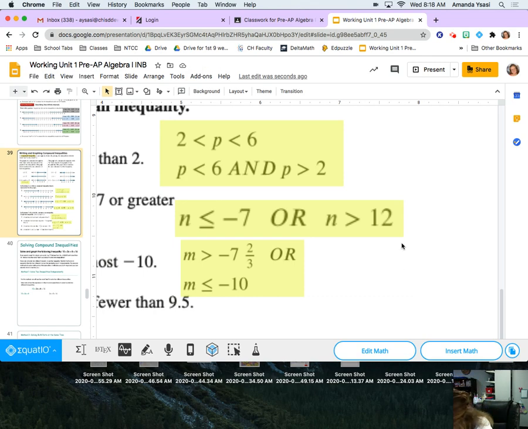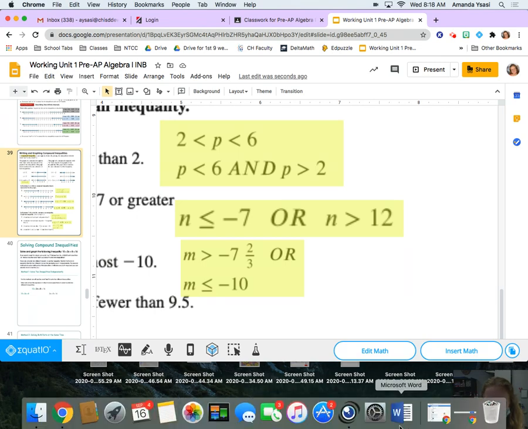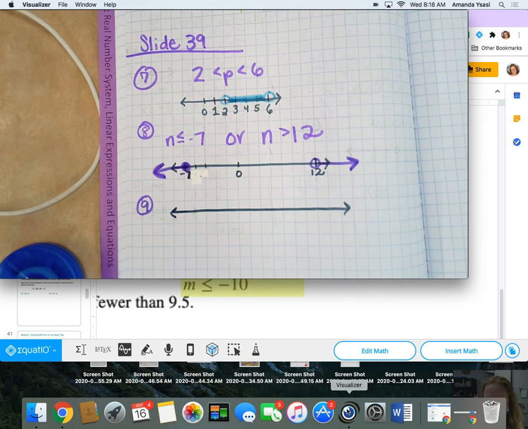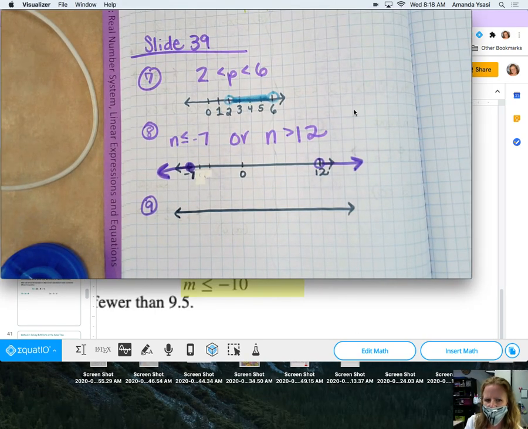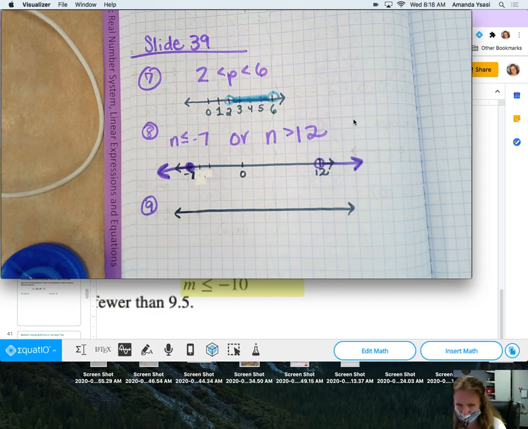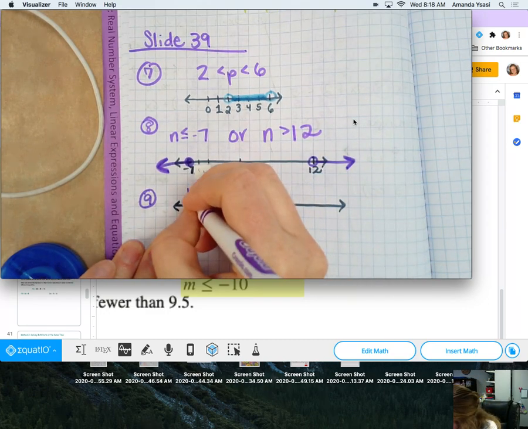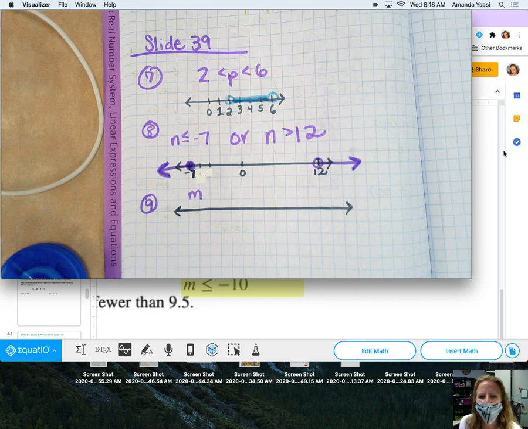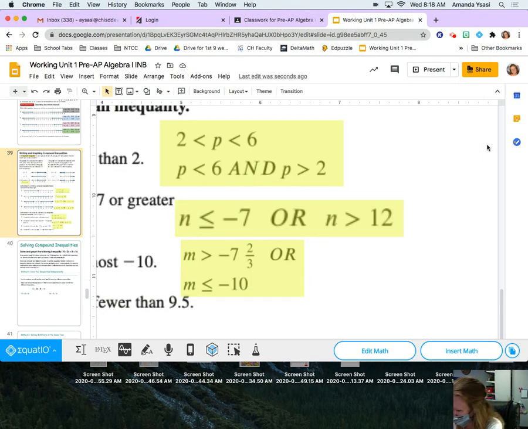Okay, so let's draw our number line. Okay, so it says, oh, I need to write what it is. M is greater than -7 2/3, or M is less than or equal to -10.